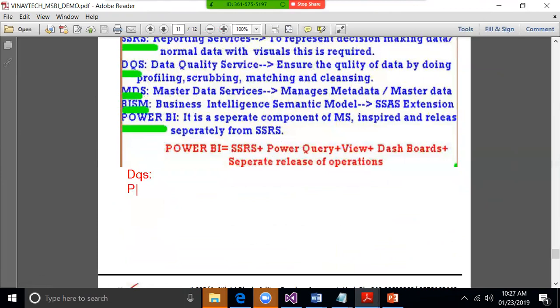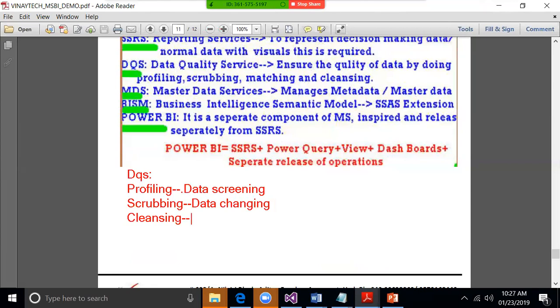DQS is doing profiling. Profiling means data screening here. Next one, scrubbing. Scrubbing means data changing. Cleansing.